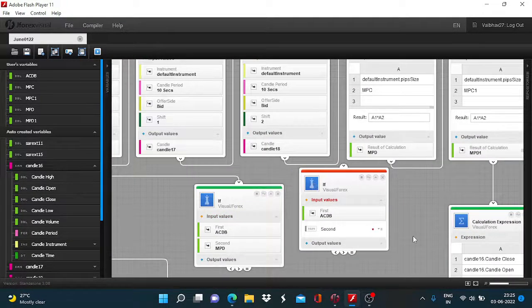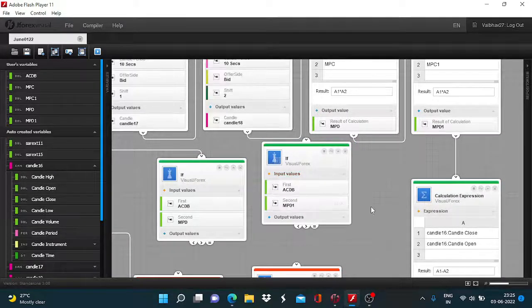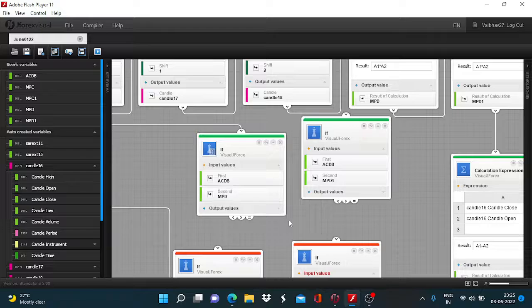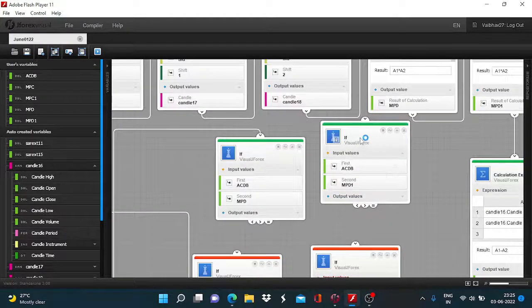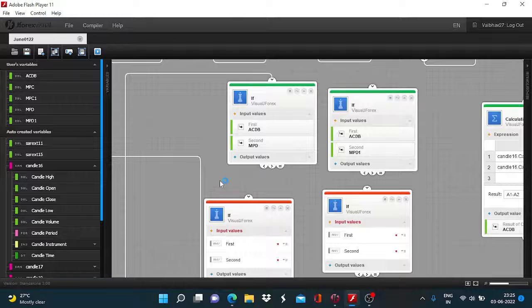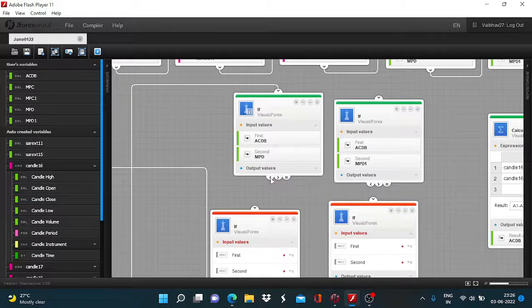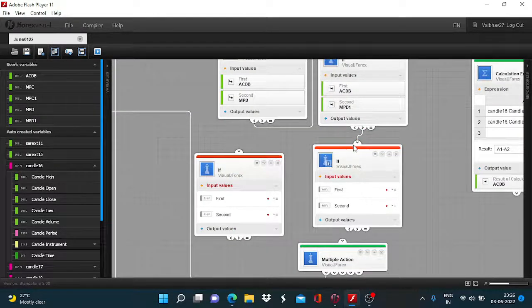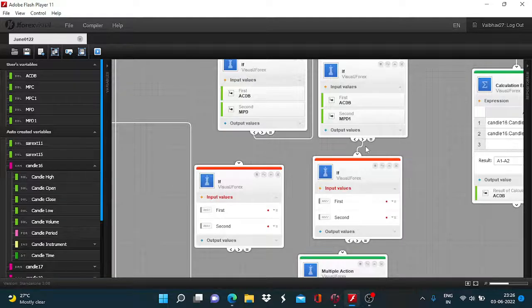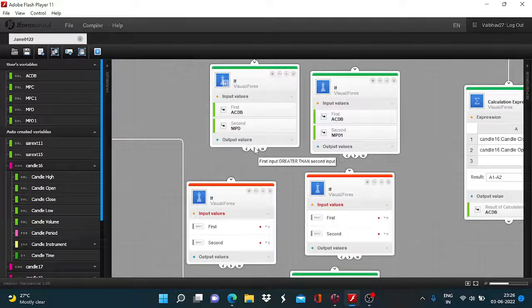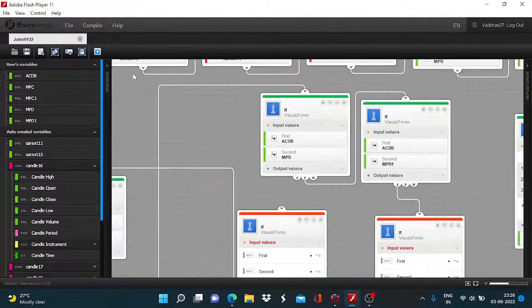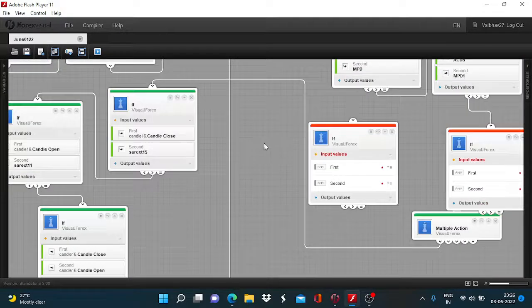MPD has a value of 15 pips, whereas MPD1 has been assigned the value of 30 pips. So we have to define these as first input less than second input. Now I think I have to reverse the relations. It should be first input greater than second input and first input less than second input. Alright, now I'm quite sure we are on the right track.